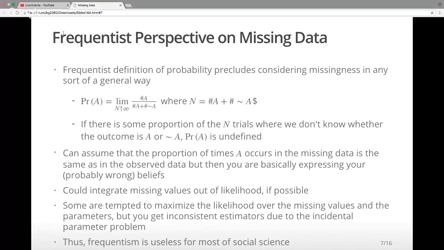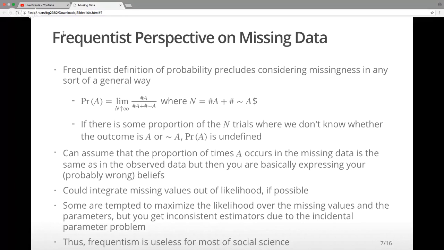Okay. But what if for some non-zero proportion of the n independent trials, we don't know whether A happened or not because that value goes missing? In that case, the probability of A is undefined, or it's not defined as a unique number.